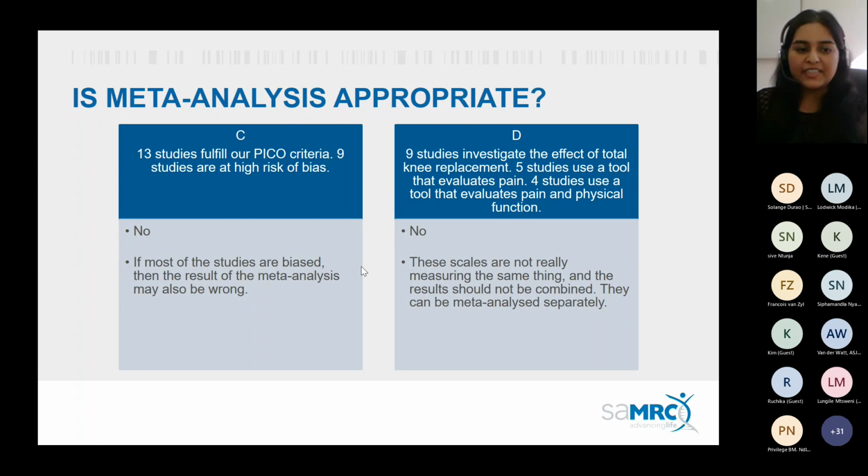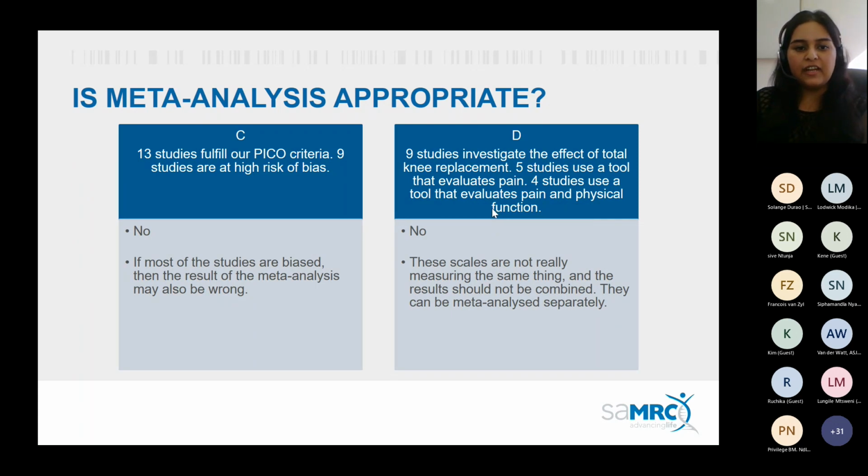So if most of the studies are biased, then the result of the meta-analysis may also be wrong. And if you meta-analyze biased results, then you increase their precision, you narrow the confidence intervals, and you increase the people's confidence in the result. And it will give the results more credibility by labeling them as a systematic review. So it would not be appropriate in this case.